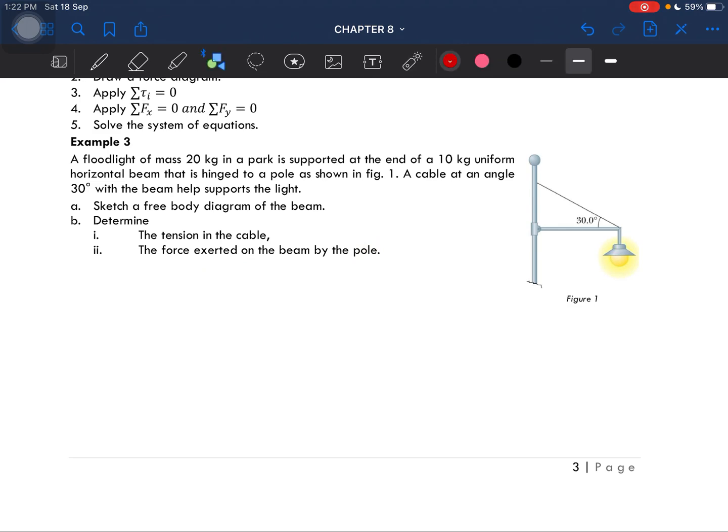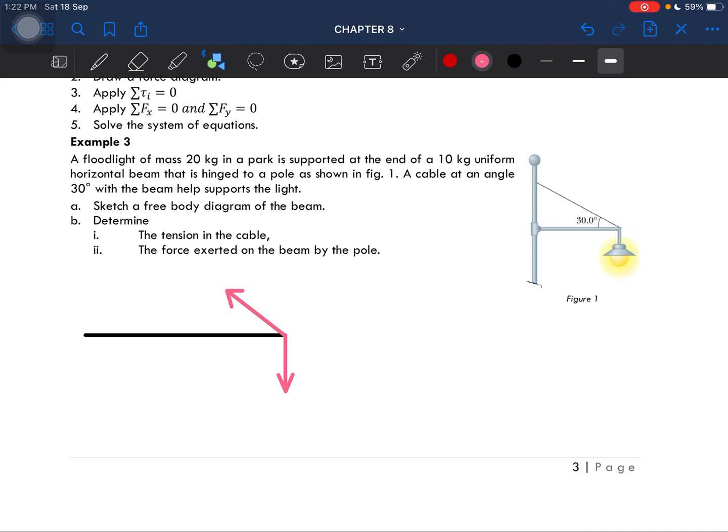Right, so let's try to draw the free body diagram. So this is the beam, the 10 kg beam, and then we are going to draw the forces. So this is the light, and then this is the tension.